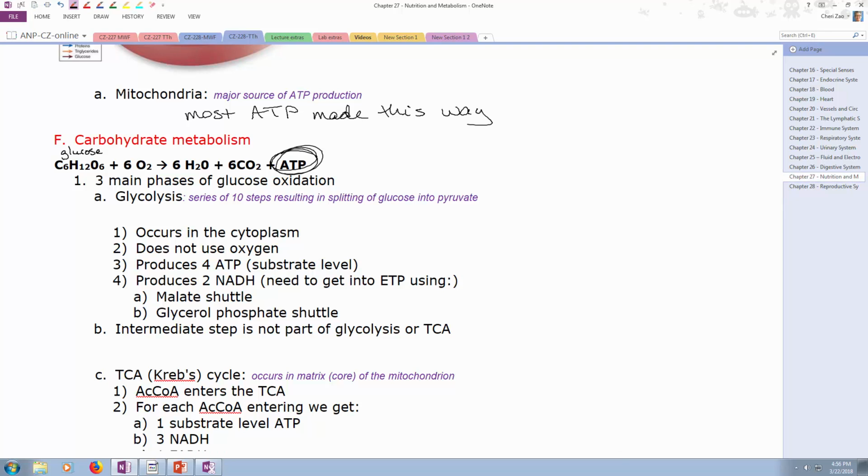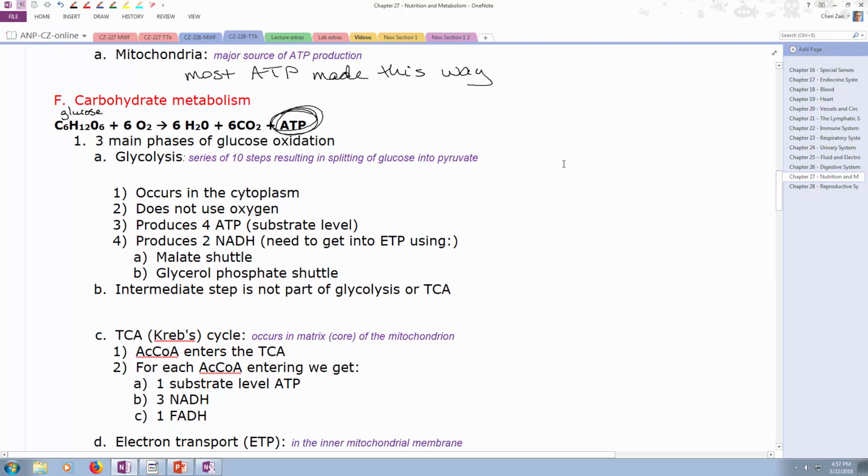There are 3 main phases and 1 not so main phase in this glucose oxidation process. So this is going to be a catabolic process.